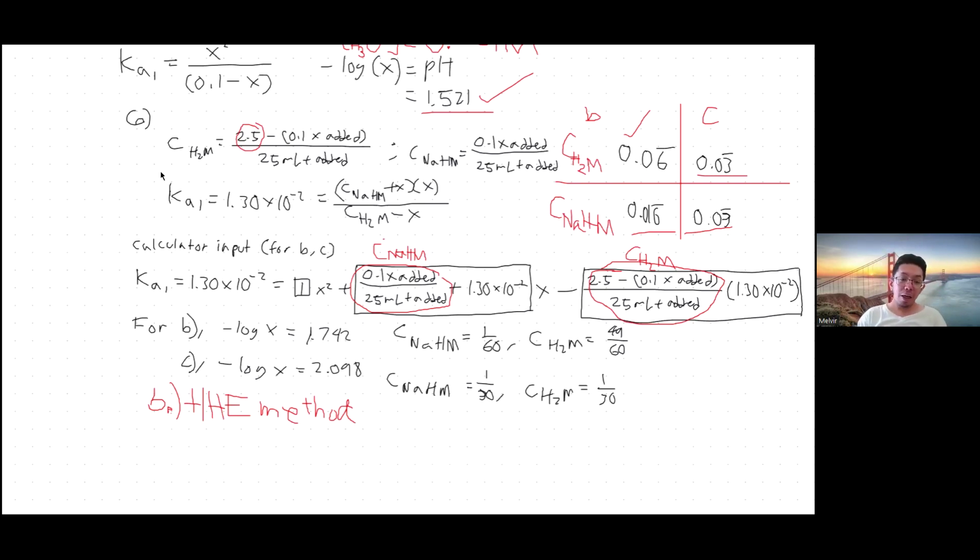Sige, please try the Henderson-Hasselbalch equation so that you'll be exposed to another method as well. If that one will work.